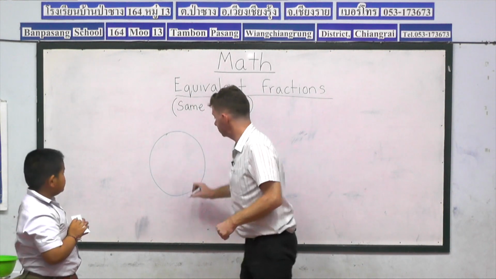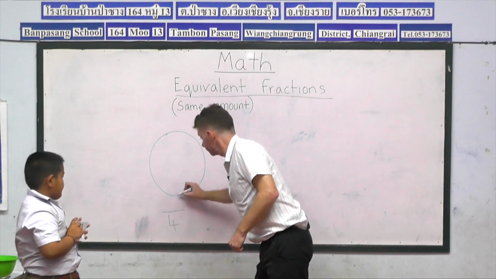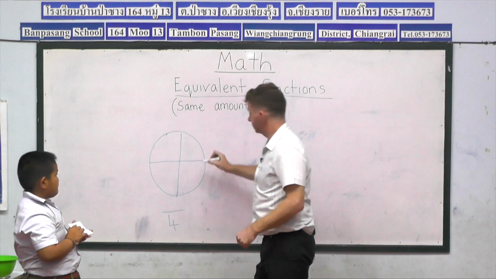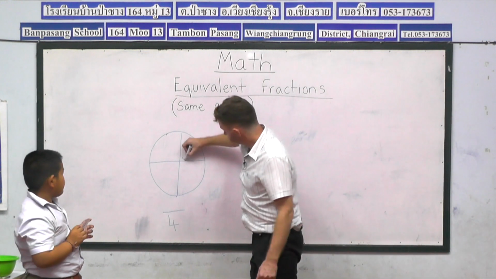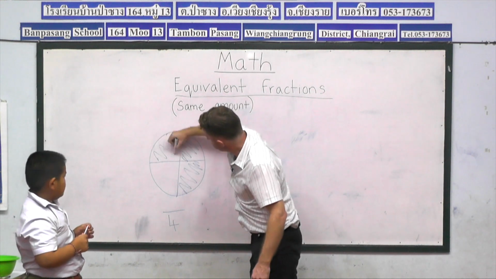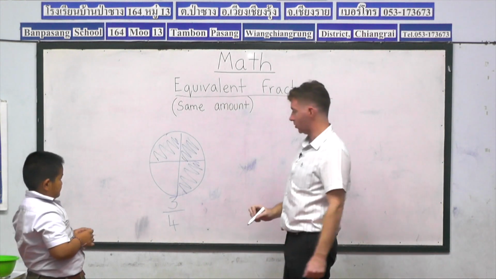There's our circle. How many parts, guys? 4. How many parts need to go in blue? 3. 2, 3. We've got 3 over 4.